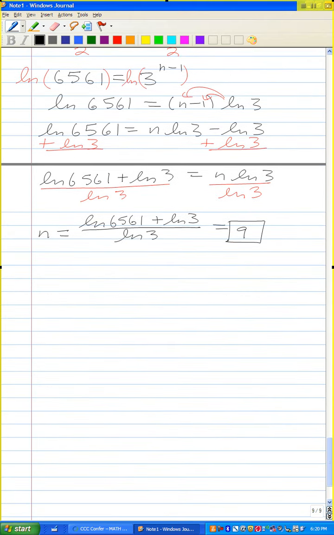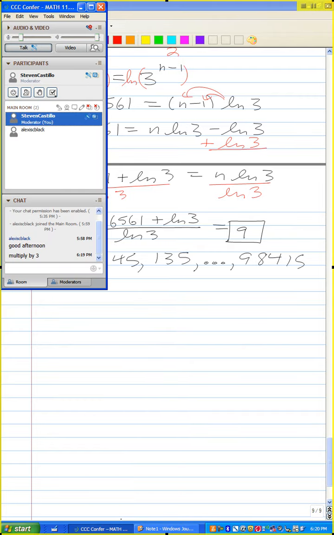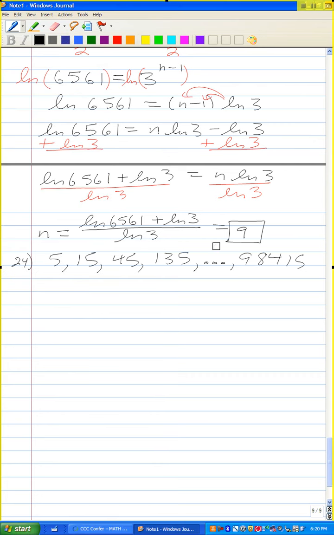So let me do problem number 24. 5, 15, 45, 135, 98,415. Multiply by 3. Yes. So in this case, the common ratio will be 3. And so again, I want to figure out how many terms are in this sequence.